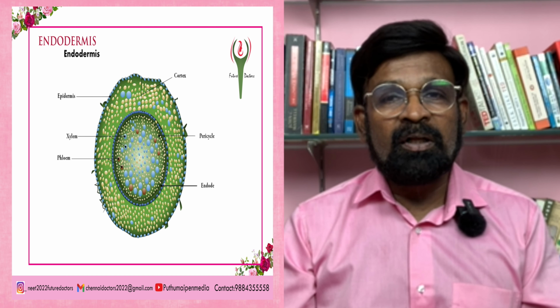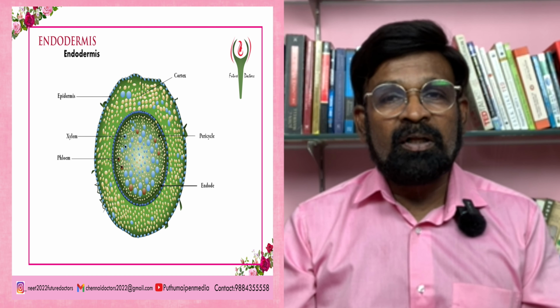On the basis of the number of xylem bundles, the root may be diarch with 2 xylem bundles, triarch, tetrarch or pentarch, and rarely polyarch with more than 5 xylem bundles. When the protoxylem is towards the periphery and the later formed xylem is towards the centre of the root, this kind of xylem is called exarch and is characteristic of the root.